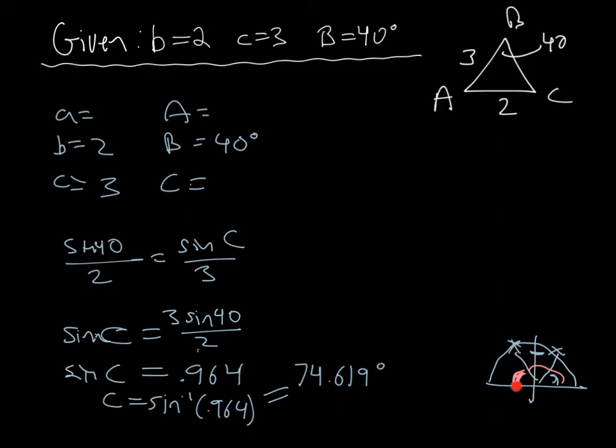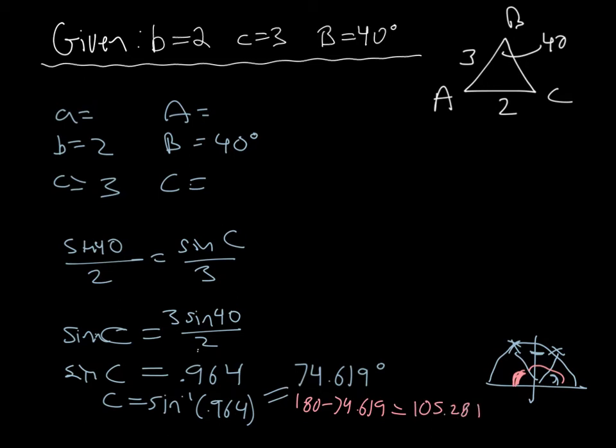So if I do 180 minus the 74, that'll get me the obtuse angle measured from the positive x-axis. When you do that, 180 minus 74.619 equals 105.281.